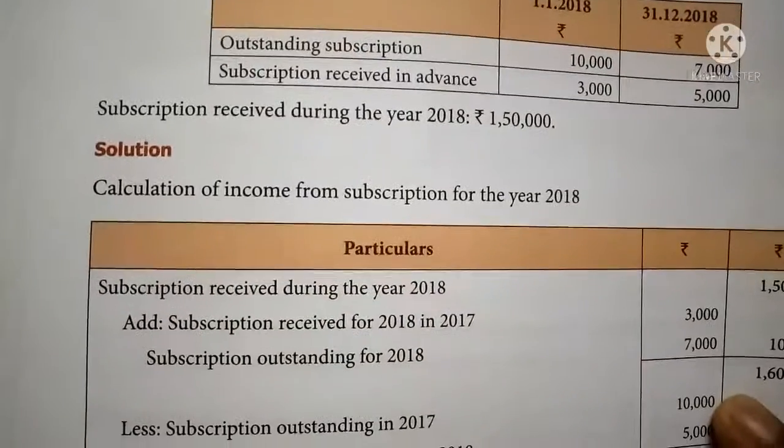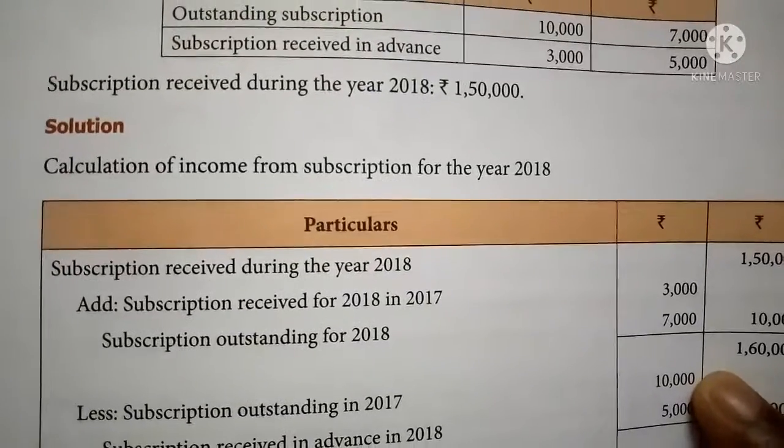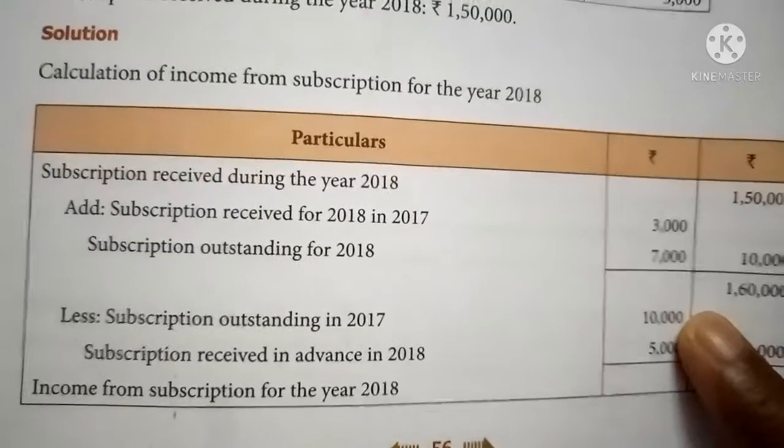So calculation of income from subscription for the year 2018: write the heading, make the necessary columns, one for particulars and one for amount.